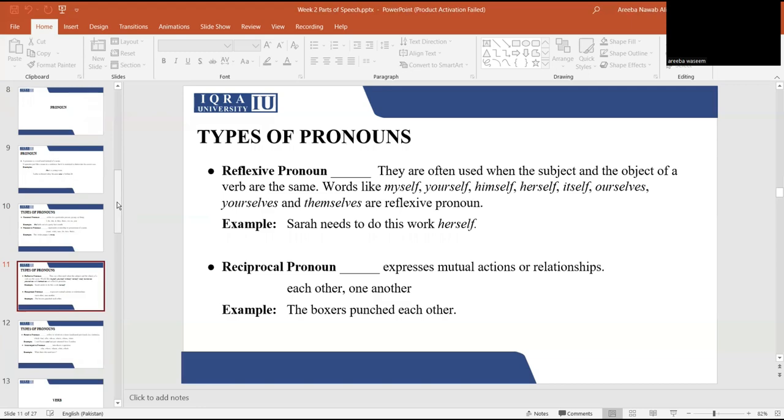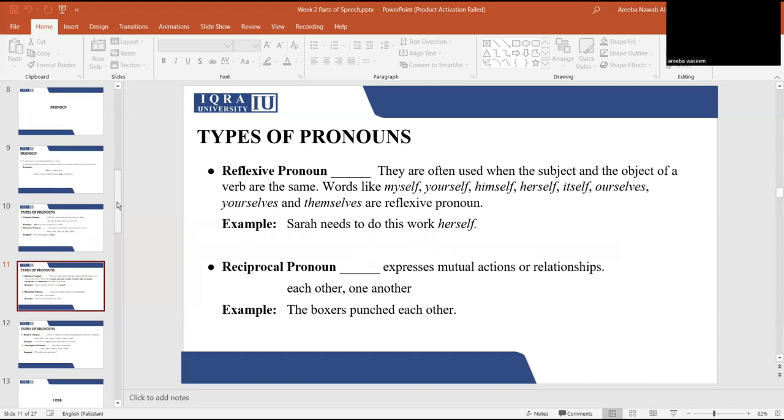Reflexive pronouns are often used when the subject and object of the verb are the same. Words like myself, yourself, himself, ourselves, yourselves are all reflexive pronouns. Sarah needs to do this work herself. So we are talking about Sarah here only.